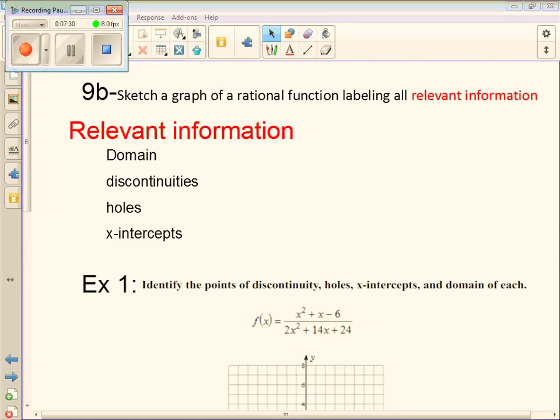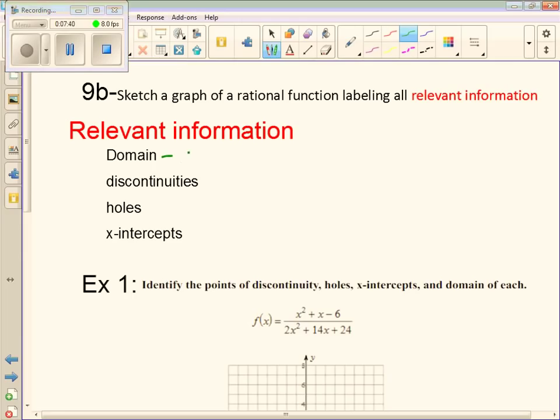For 9b, we have to sketch a graph of a rational function, labeling all relevant information. Relevant information includes domain and discontinuities. The domain is all the x values, which we've done earlier this year. Discontinuities are where there will be no x values in the graph.